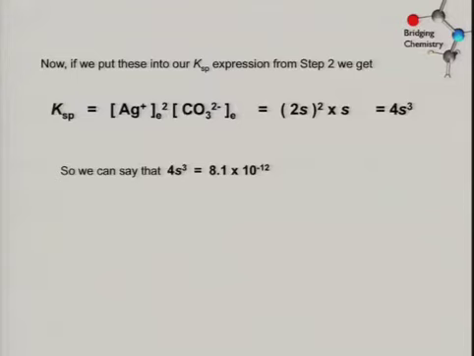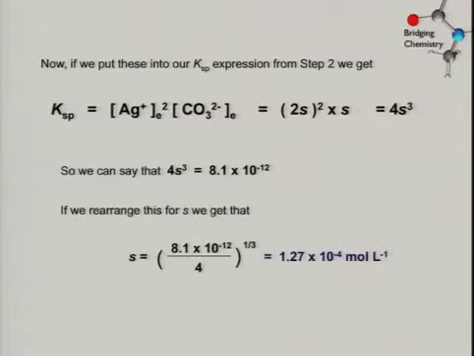So we can say then that 4S cubed is equal to the KSP, and the KSP is equal to 8.1 times 10 to the negative 12. And so then we can do some math on that, which looks like this. We can rearrange this for S, and so S is going to be the KSP value divided by 4, and then all of that you cube root, or if you like, you take all of that to the power of 1/3.